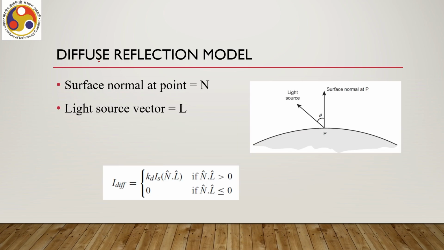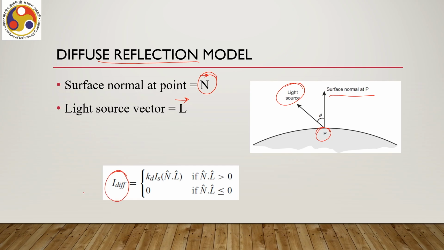For diffuse reflection component, it is slightly more complicated. Here we need to take into account the surface normal at the surface point from where the light gets reflected, and the light source direction. So, let surface normal be N, a vector, and light source direction be L, another vector.